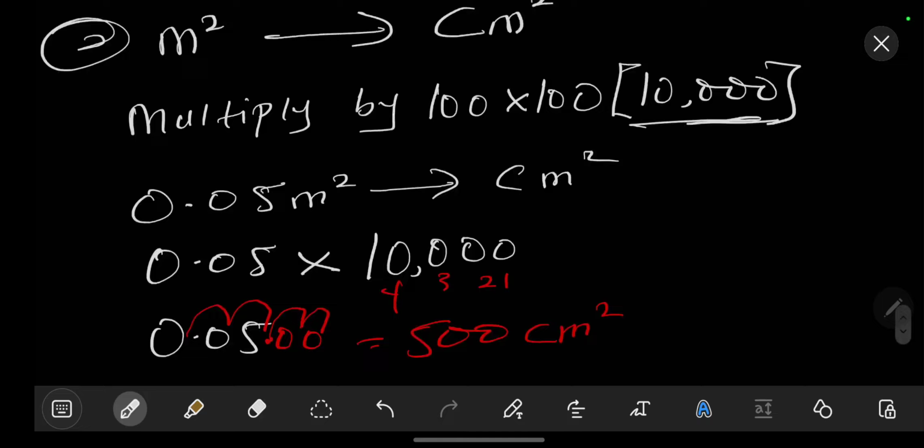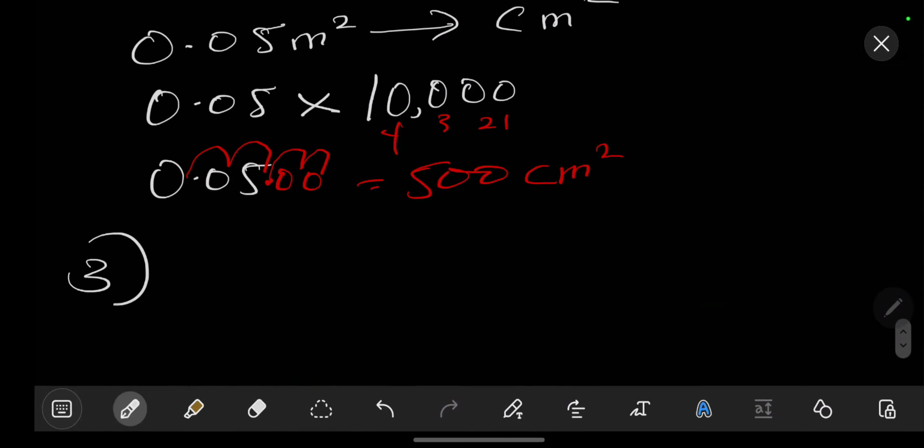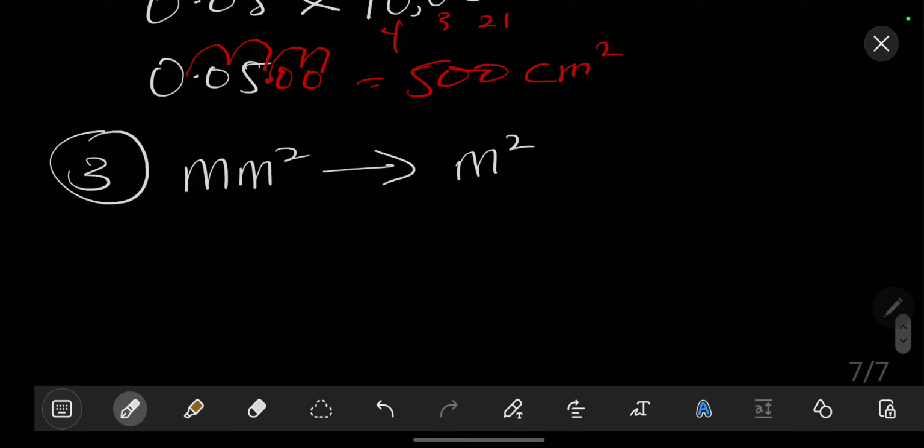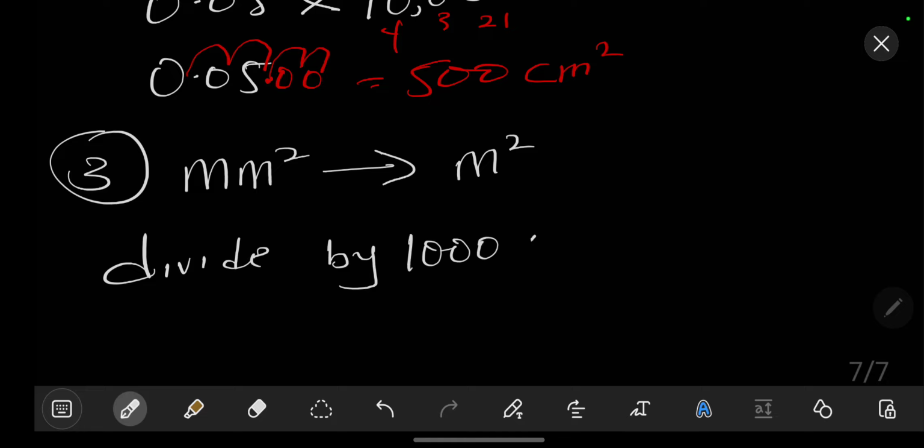So let's do the others. Number 3, really quick. Let's see how we can convert from millimeter square to meter square. To convert from millimeter square to meter square, we have to divide the value in millimeter square by 1000 times 1000.